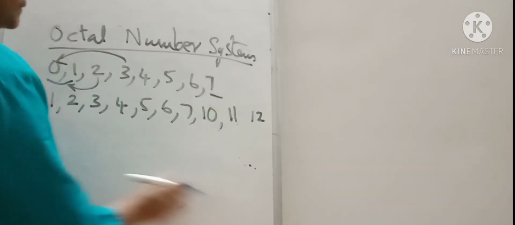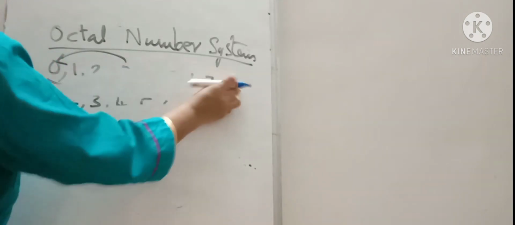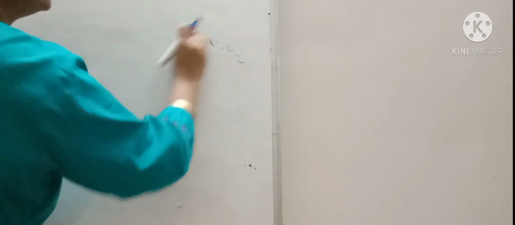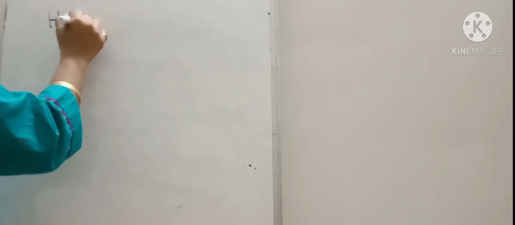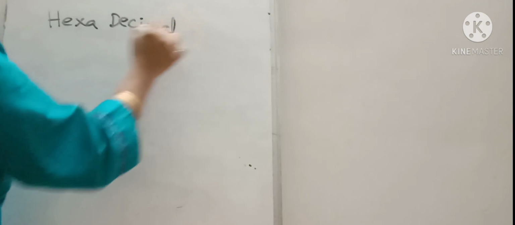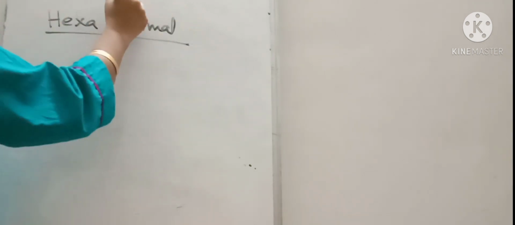Okay. Next number system is hexadecimal number system. In this number system, we use total 16 digits. Hex means 6 and decimal means 10. So 10 plus 6 is 16.